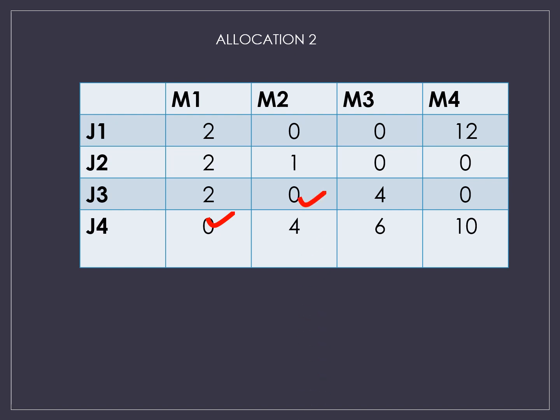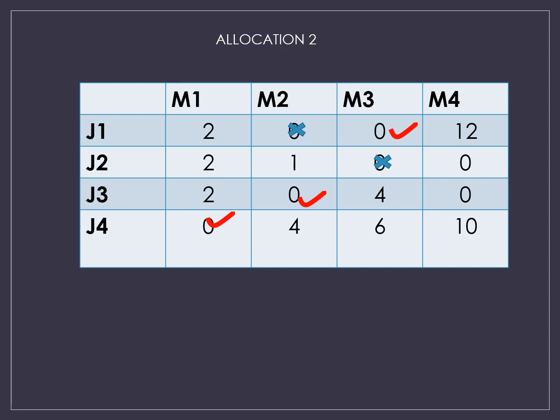If we allocate machine 2 for J3, we won't be able to allocate machine 2 for job 1. Since there is no allocation for J1, we allocate machine 3 for J1. When we allocate machine 3 for J1, we won't be able to allocate machine 3 for J2.